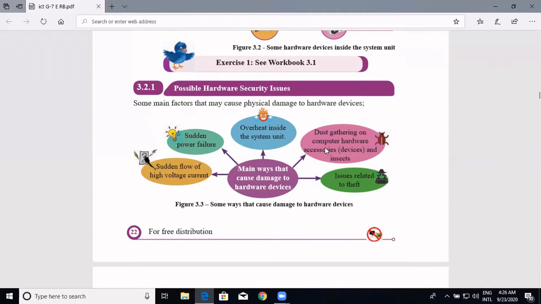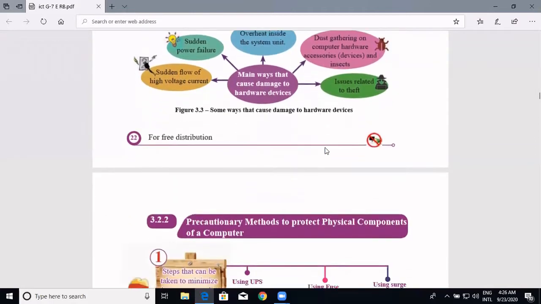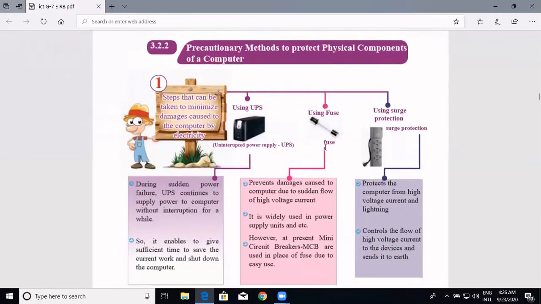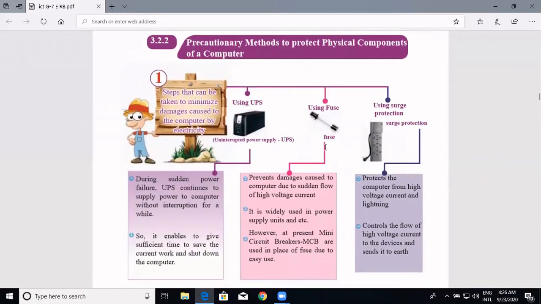That means people can steal, or do various kinds of damage to these physical components. So they are talking about different precautionary methods to protect them.